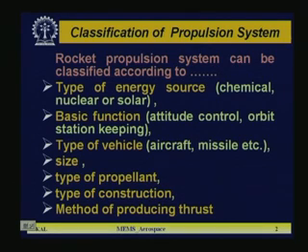That is one of the functions of microthrusters that use certain propellants. With attitude control, you can control the attitude of the satellite. The third is the type of vehicle, which may be an aircraft or a missile, along with its size, type of propellant, type of construction and method of producing thrust. These are the broad classifications by which we can categorize a particular propulsion system.